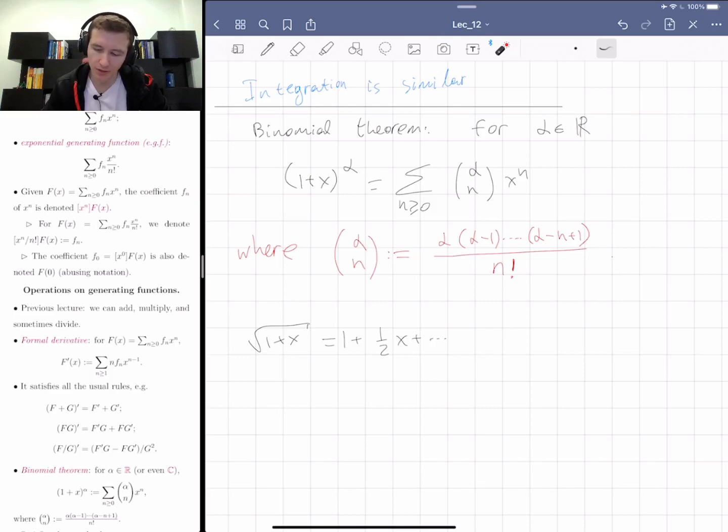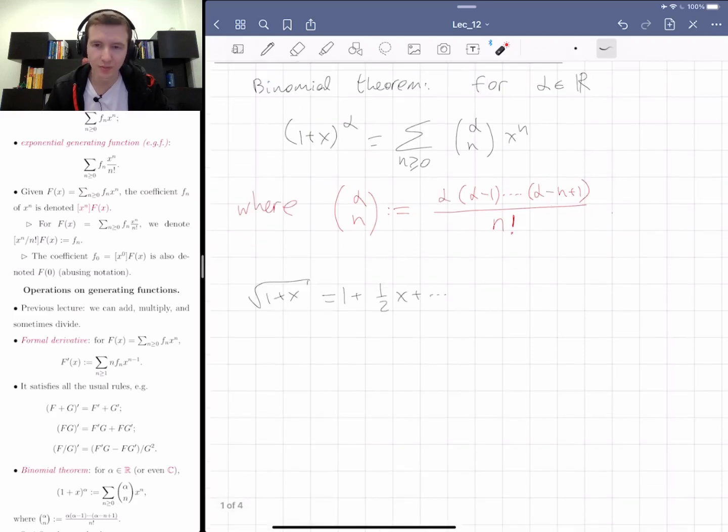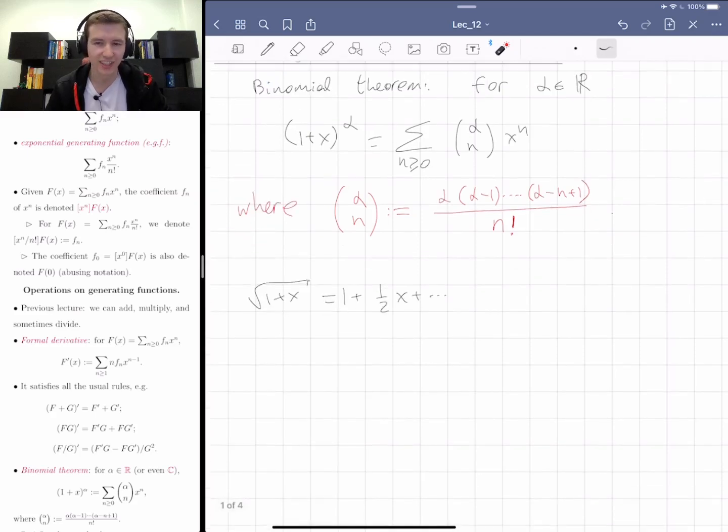Maybe this can be written as a ratio of gamma functions. Yeah, that's a good question. Right off the top of my head, I'm not sure, but it may be related. Any other questions?